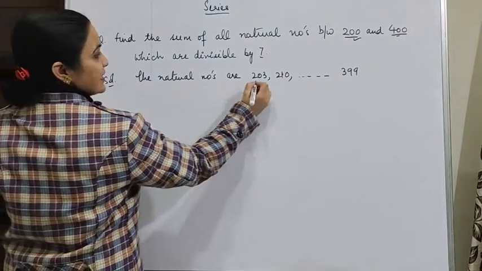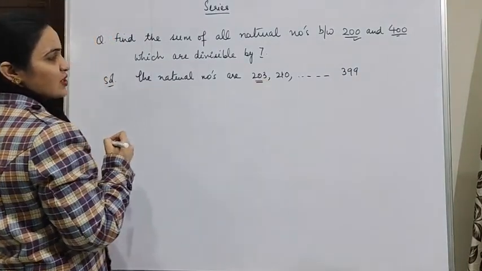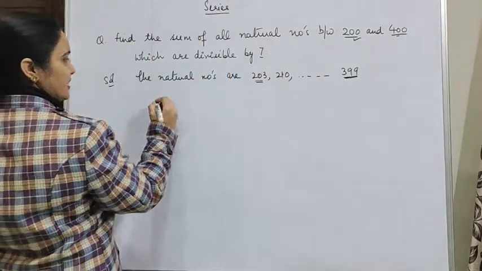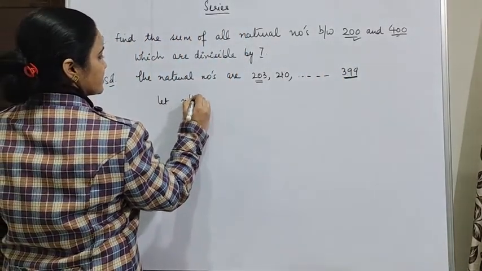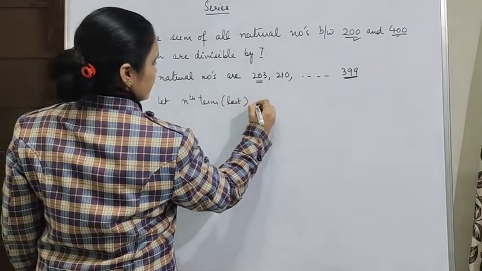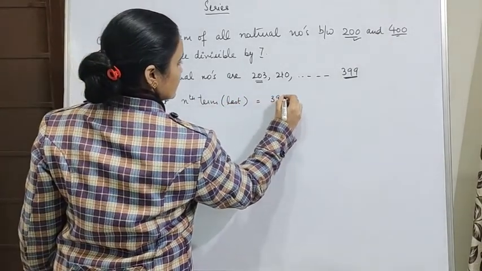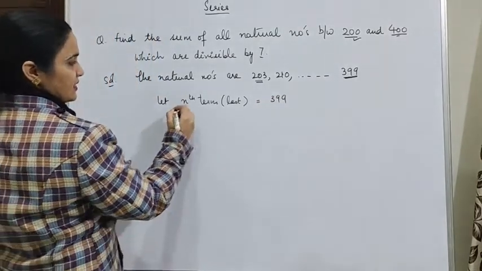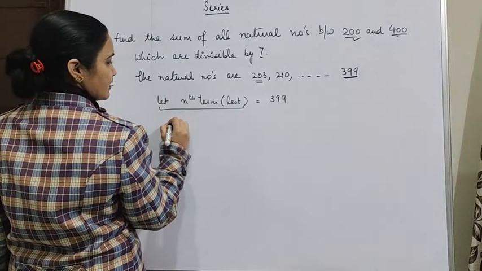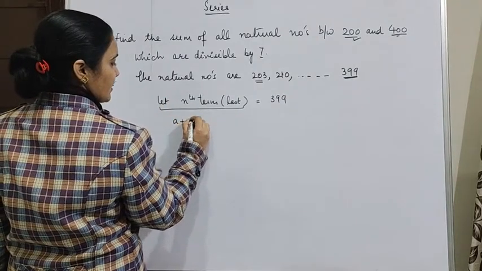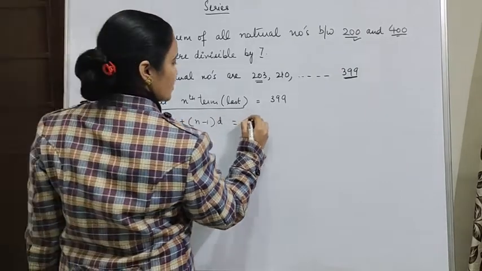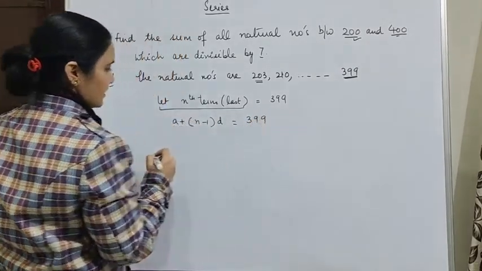Next, let us now find the number of terms. So let the nth term, that is the last term, be equal to 399. And what is the formula for the nth term? The formula for the nth term is A plus (n minus 1) times D, which is equal to 399.